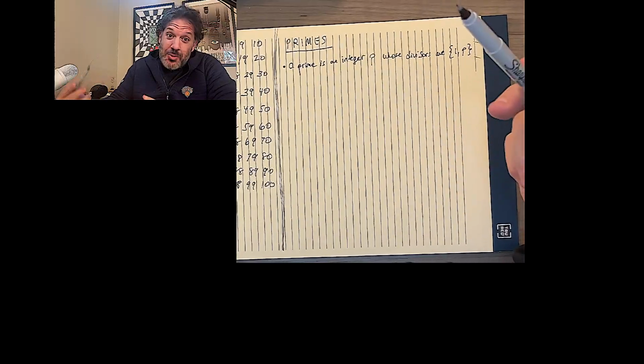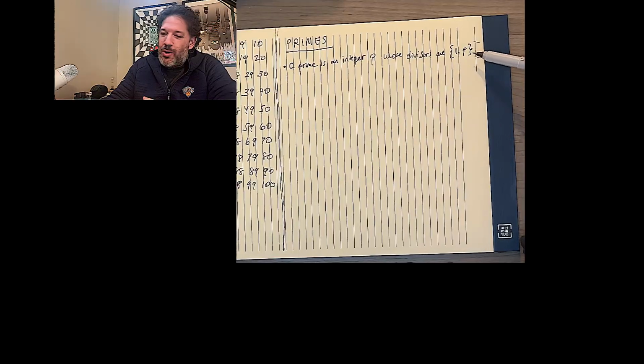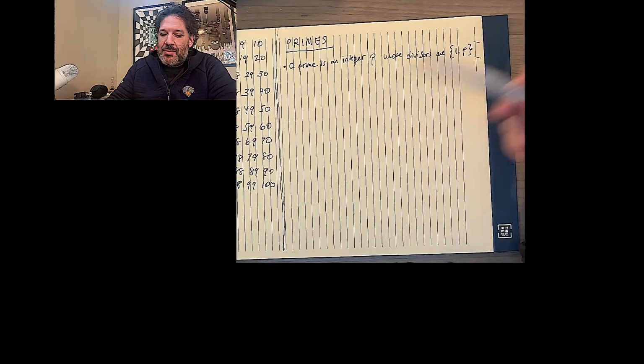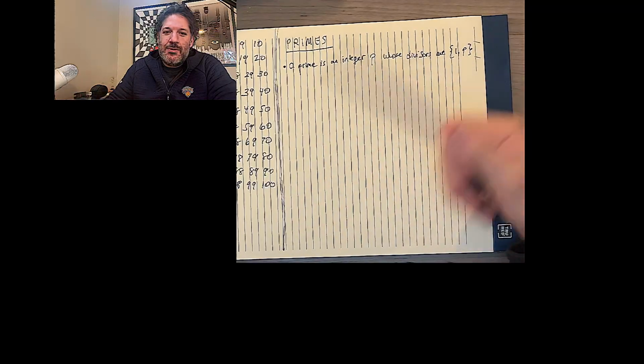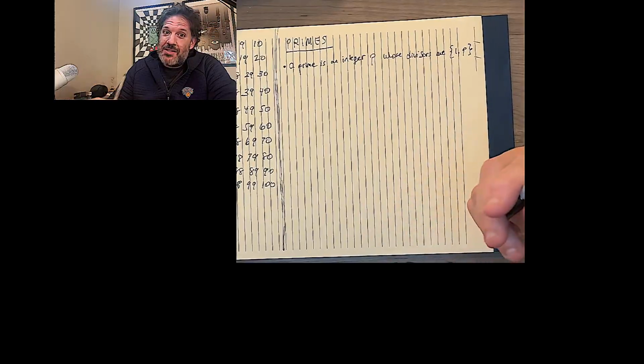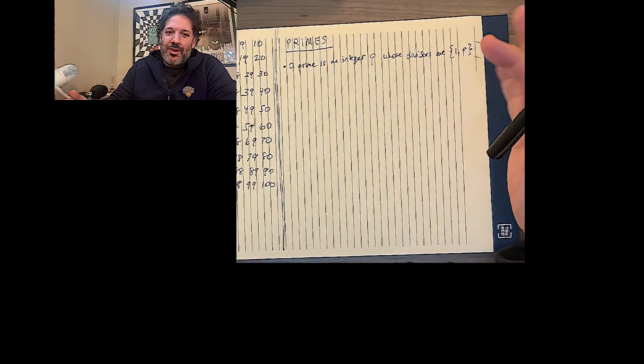But 2 is prime because the only numbers that can divide 2 are 1 and 2. So we have some numbers that we know are prime. 2, 3, not 4, because that's 2 times 2, 5, yes, and then none of the even numbers, etc.